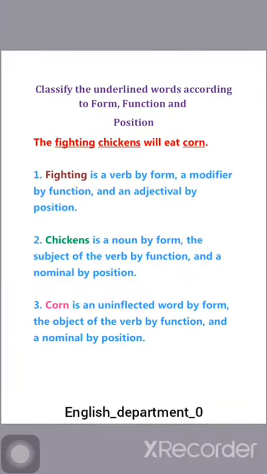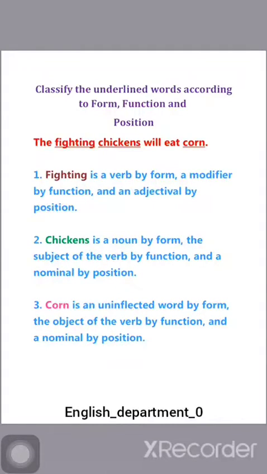So form classes are nouns, verbs, adjectives, adverbs and inflected words. So this word is inflected with ing, and the ing is one of the forms that is related to the verb paradigm. Remember this. Okay, so fighting is a verb by form, according to its endings, according to its inflection. We are going to say that it is a verb by form.